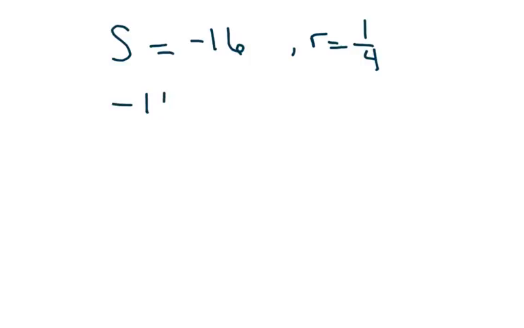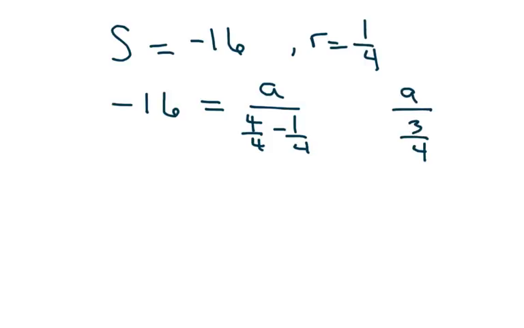So we're going to just use the formula. -16 equals a over 1, which is 4/4, minus 1/4. That gives us a over 3/4 equals -16. When you cross multiply, you get a equals -12.